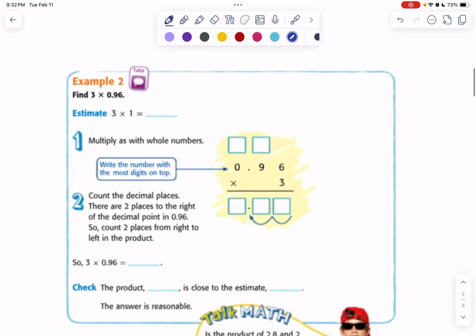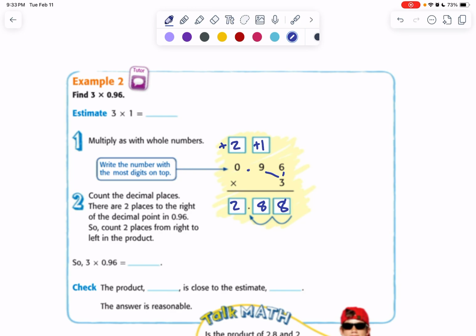Let's try another one. Example 2, 3 times 96 hundredths. They already set it up for us. 3 times 6 is 18. 3 times 9 is 27 plus the 1, that's 28. And 3 times 0 is 0 plus the 2 is 2. Okay. Now, in this one, it's a little deceiving.